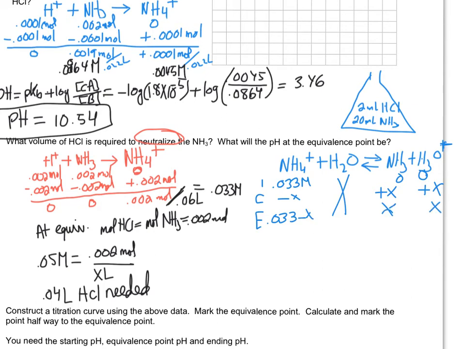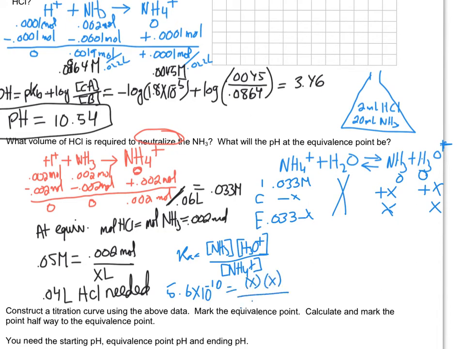Since this is giving me an acid, I'm going to write the Ka expression for NH4+. It is the concentration of the NH3 times the concentration of the hydronium ion over the NH4+. This is 5.6 times 10 to the negative 10 is equal to x times x over 0.033 minus x.